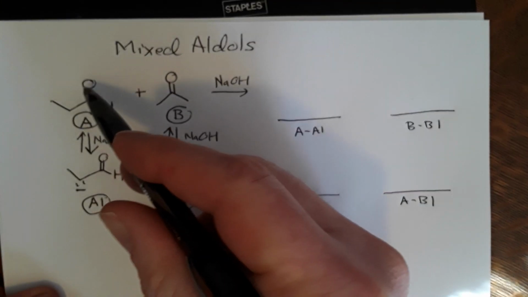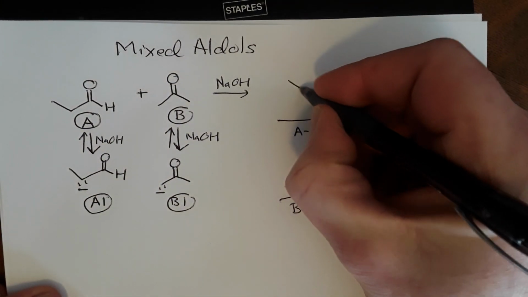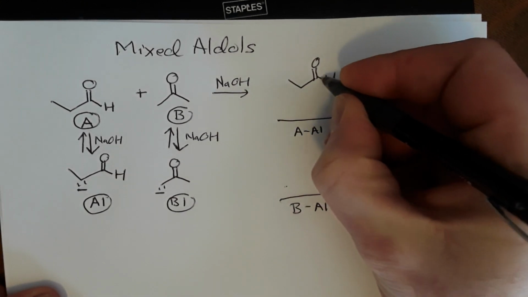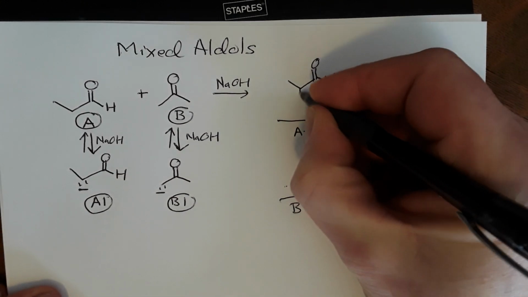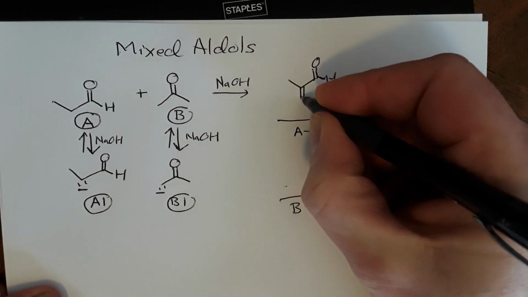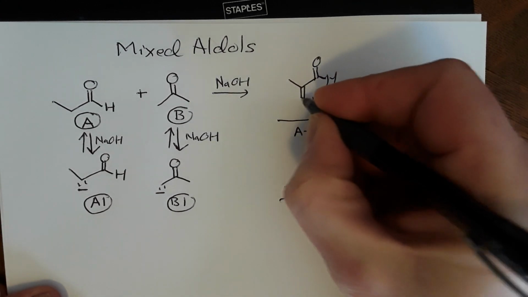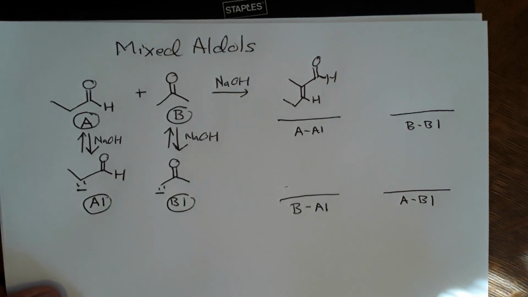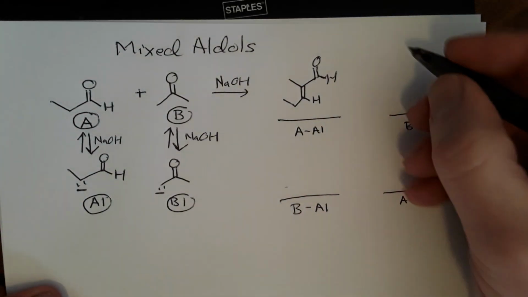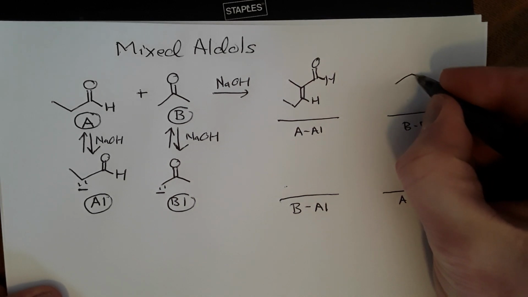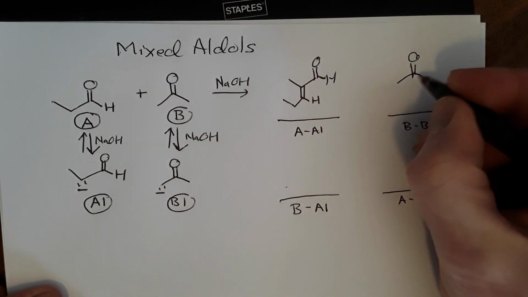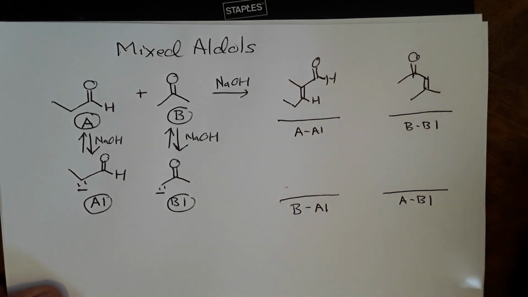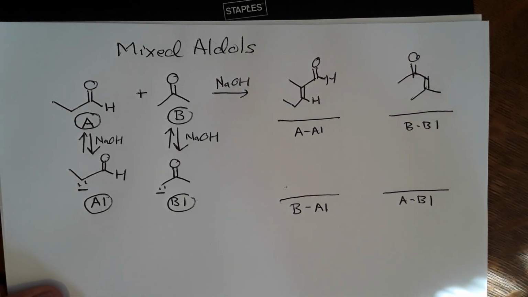Okay, so A reacting with itself, we have the propanal. The alpha carbon is double bonded to what used to be the carbonyl of the other molecule. And we have A reacting with A1. If acetone reacts with itself, then we have two acetone molecules stuck together.